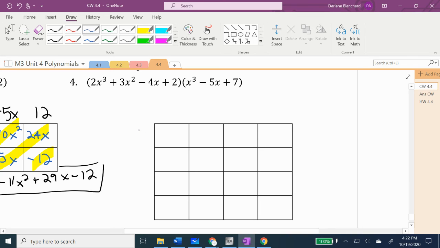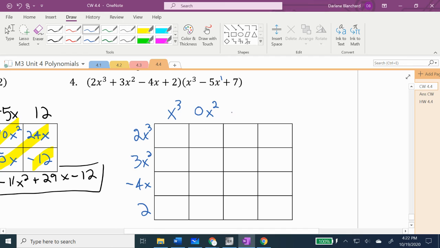I am multiplying 2x cubed plus 3x squared minus 4x plus 2 with x cubed. Now, I don't have an x squared term. The next thing I have is an x to the 1 power, so I'm missing x squared. I can do a placeholder column of 0x squared. I don't have to, but it will line things up.